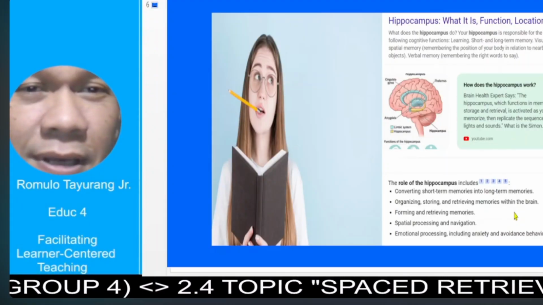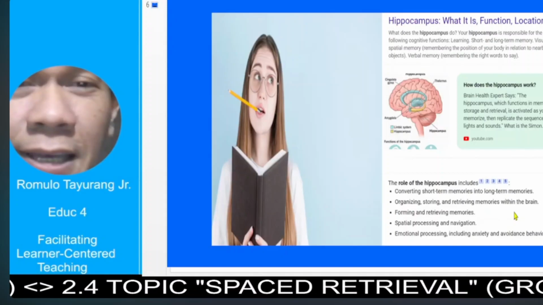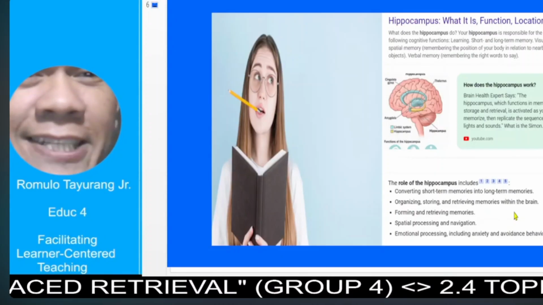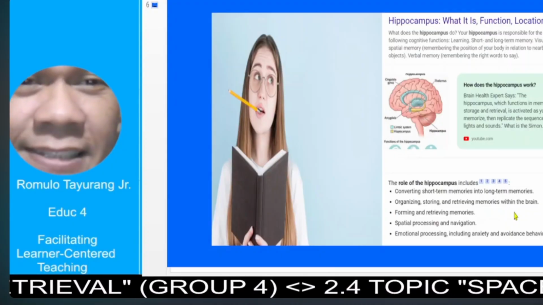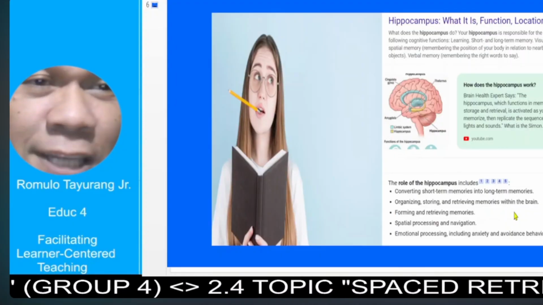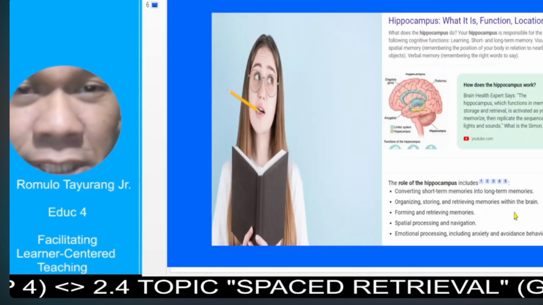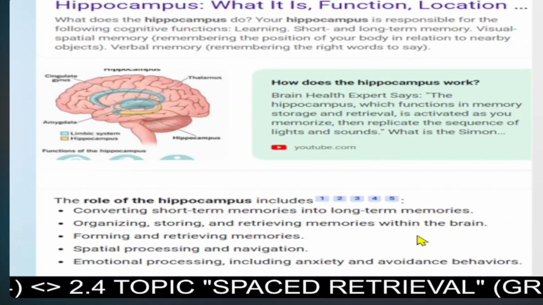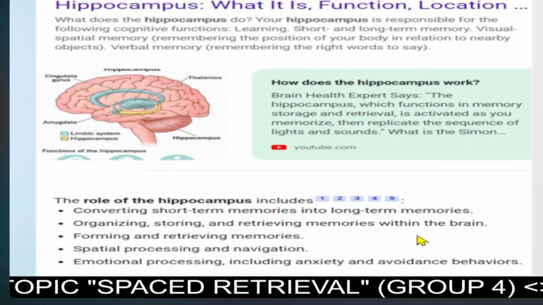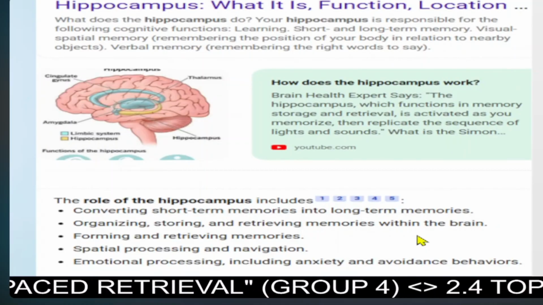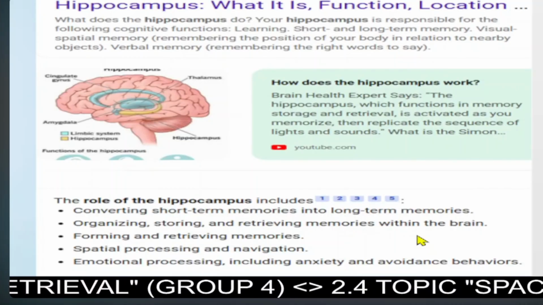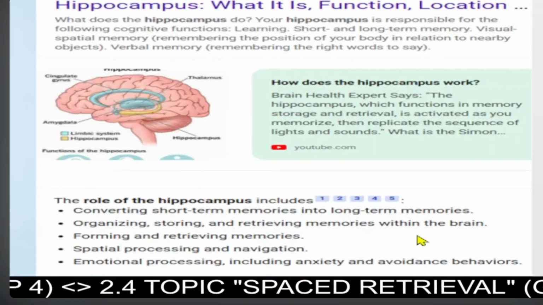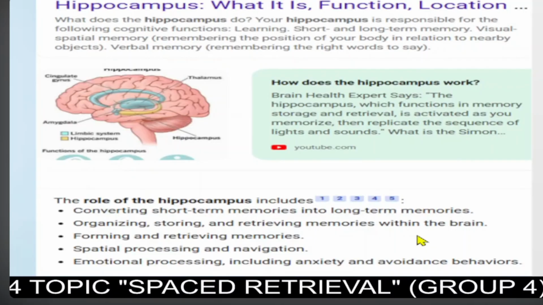And let us change your focus to the brain picture on the right side of the same slide, and please take note of the word hippocampus. Parang hipo lang sa campus, para familiar kayo, which is very important for our new lesson today.